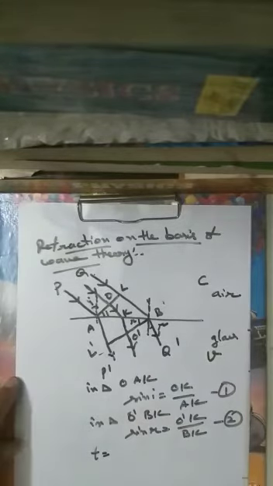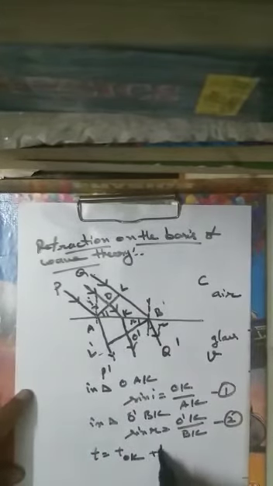We assume the time taken by the ray to reach O dash, in the same time the position of the wavefront AL changes to L dash B dash, is t. So the time t is equal to the time taken by the ray to travel between O and K and then K to O dash.